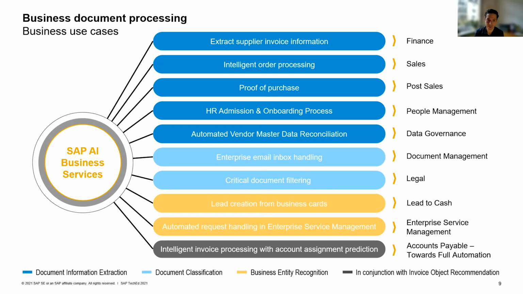So, for example, whether it's a supplier invoice, whether the documents are related to terms and conditions, or whether it's a purchase order. Depending on the classification, the documents can then be forwarded to the correct department for further processing. In legal departments, you might want to, for example, filter for critical documents that need additional review or checks before they get approved.